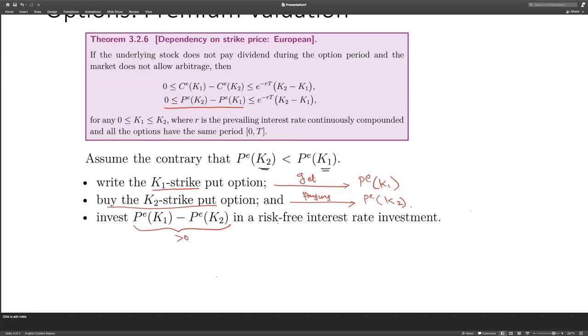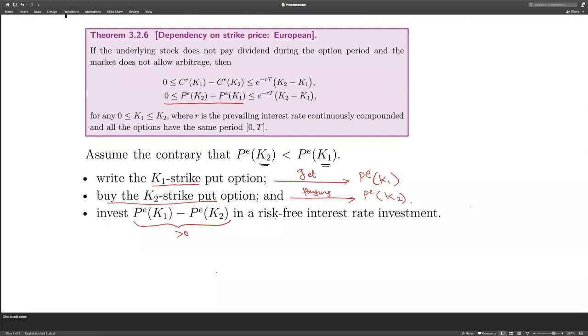You invest it in a risk-free interest rate instrument, and you will see that the portfolio built by these trades has value 0 at t equal to 0. We can check this. At t equal to capital T, the value of the portfolio will be as follows.